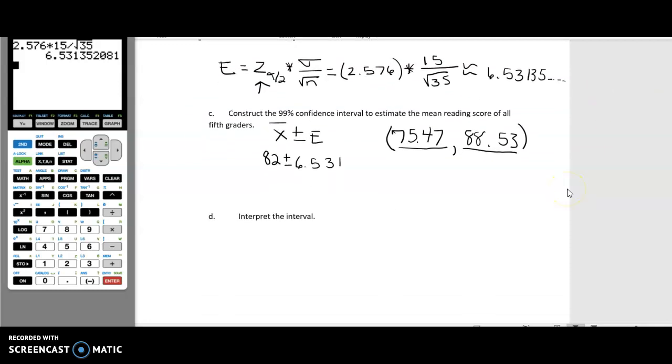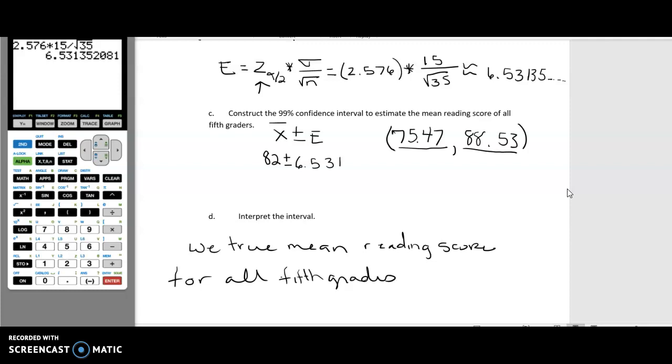Well, what this is saying is that the true mean reading score for all fifth graders is between 75.47 and 88.53.